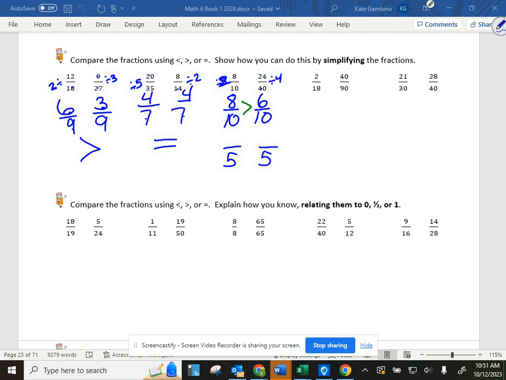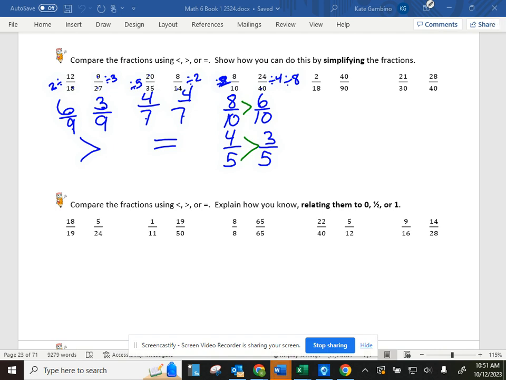So 8 divided by 2 gives me 4. And 40 divided by 8 gave me 5. 24 divided by 8 gives me 3. I get the same answer, that greater than symbol. So it doesn't matter what common denominator you find as long as you do your math correctly.